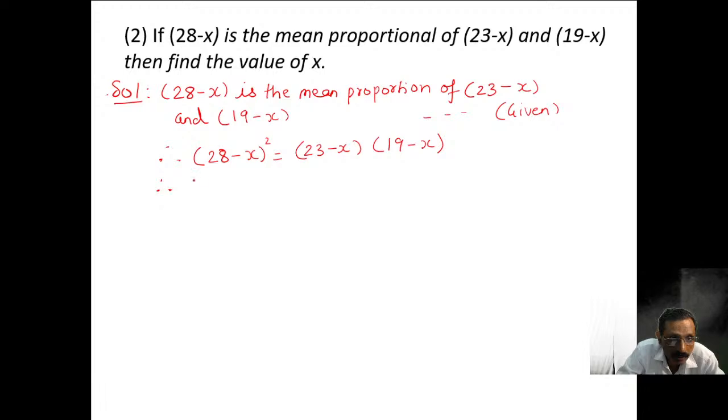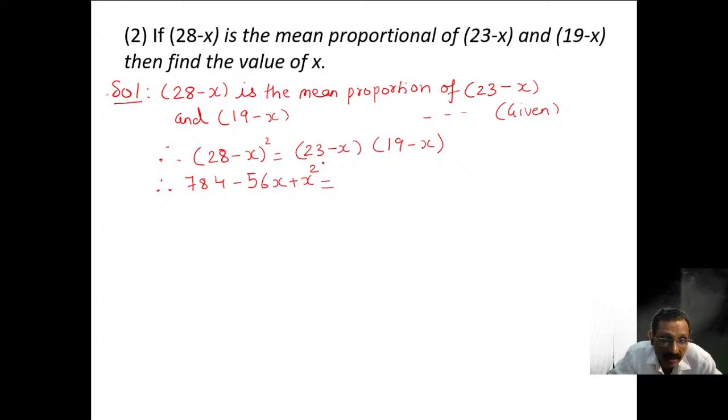Therefore, 784 minus twice ab, that is 2 8s are 16, 2 2s are 4 and 1 5, which gives me 56x plus b square, x square, which is equal to, now here take this, multiply with this bracket, take this, multiply with this bracket.